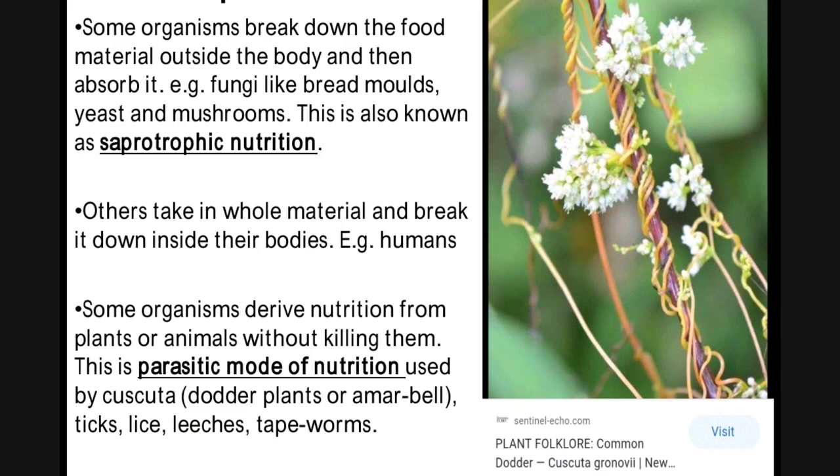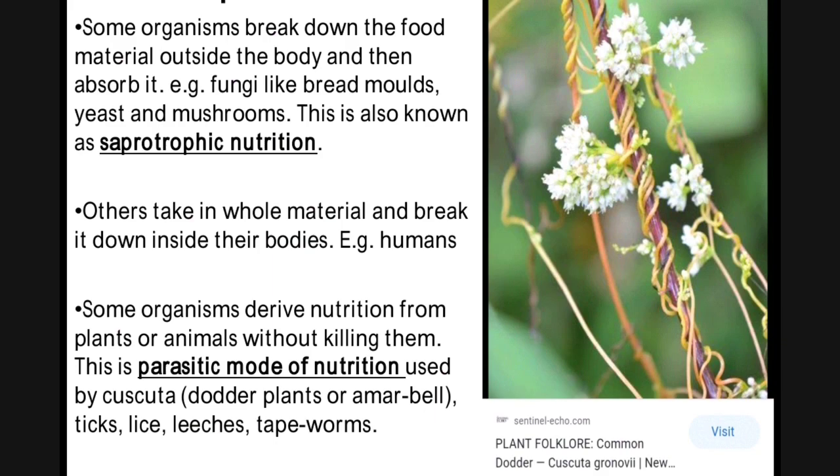And the other two types of nutrition are saprotrophic and parasitic. We can take the example of fungus. In the saprotrophic mode of nutrition, the saprophytes feed on dead and decaying matter.